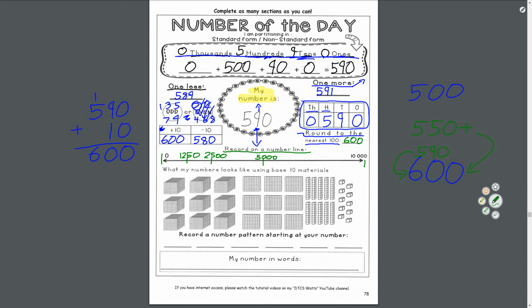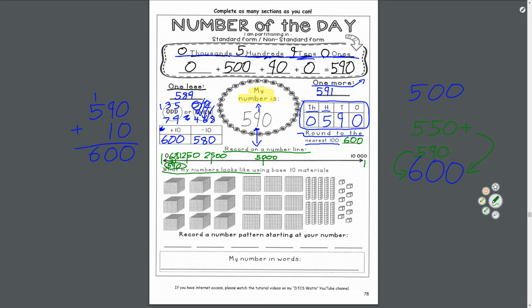So between 0 and 1,250 would be 625. So we're very close. Let's put it on the bottom, right about there. 590, put a bubble on it. So you see, there's a long way to go to get to 10,000. 10,000 is a big number.